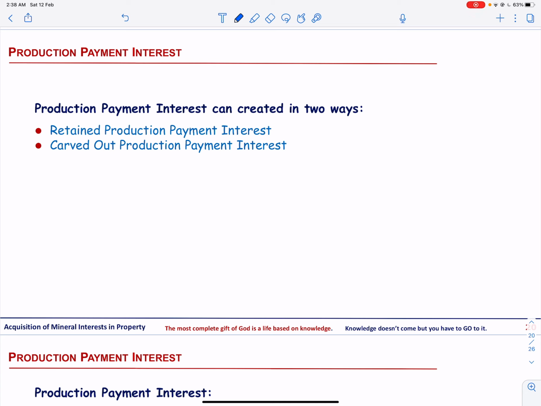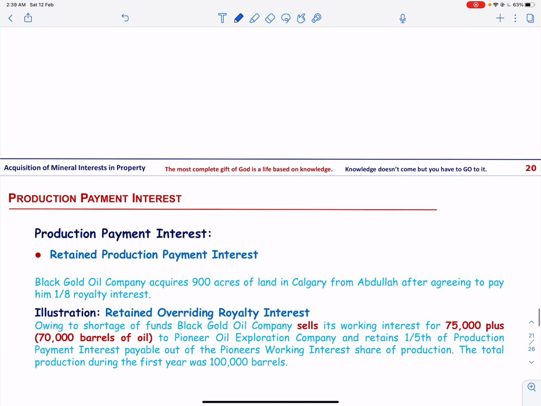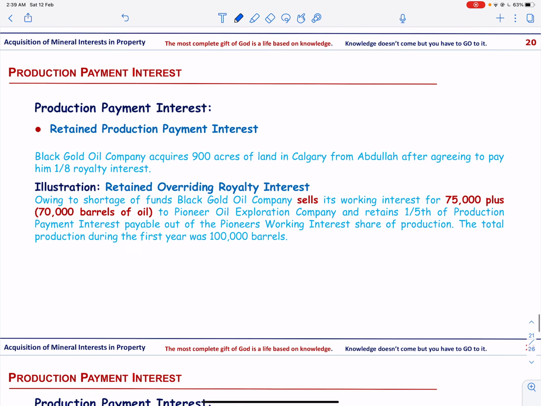As previously explained, carved out means to create or obtain something that helps you by skillful activities. In case of retained production payment interest, the owner of the working interest sells its working interest and retains the production payment interest. Let us look into an example of retained production payment interest.